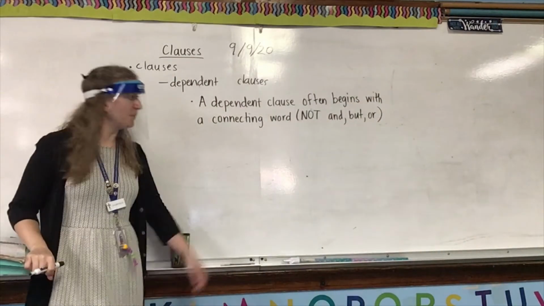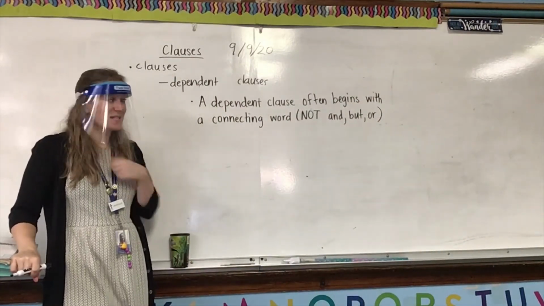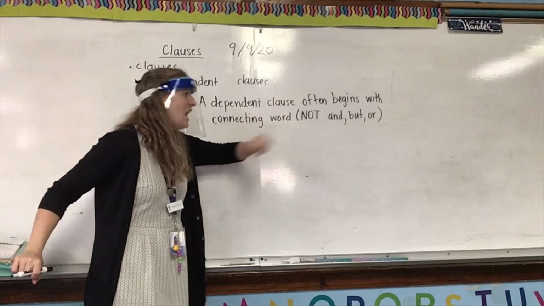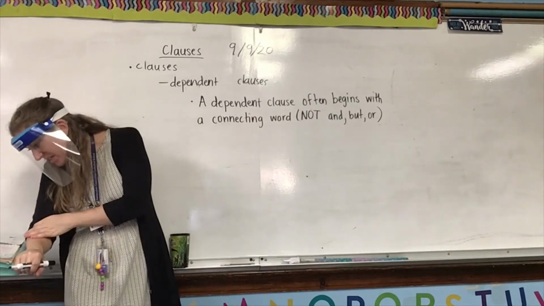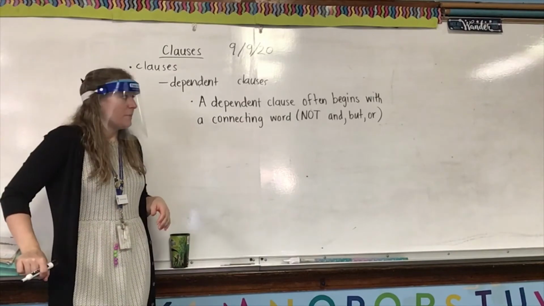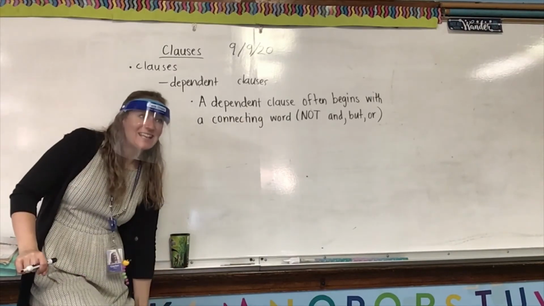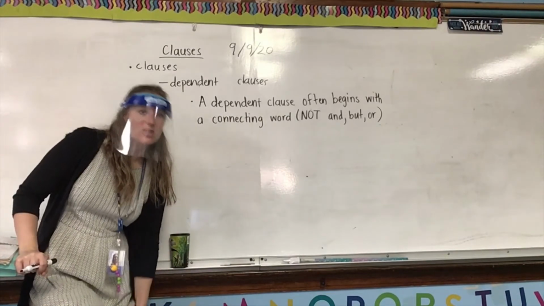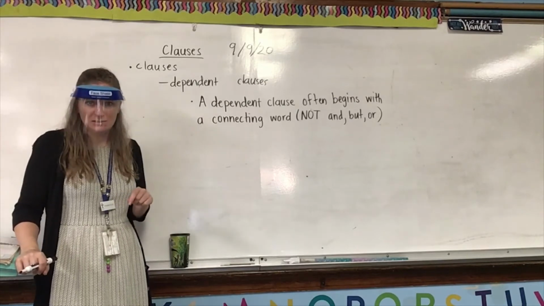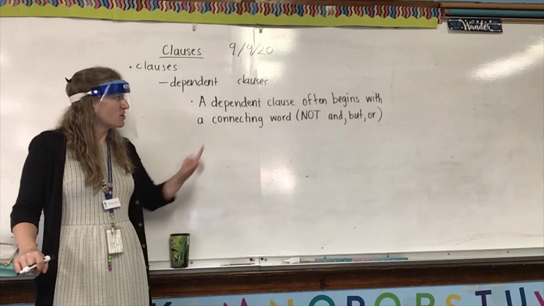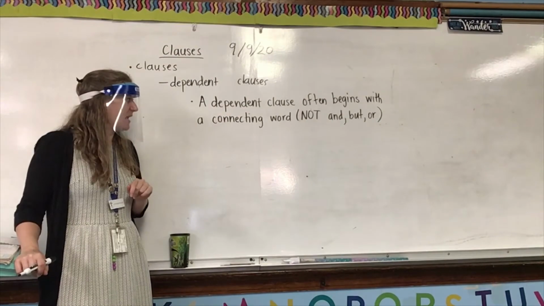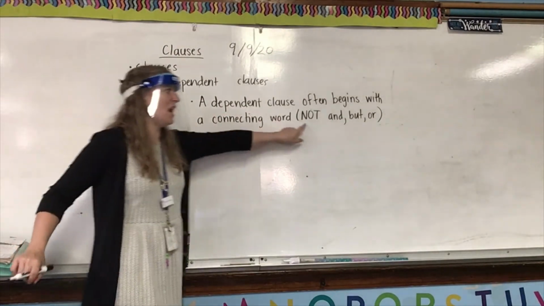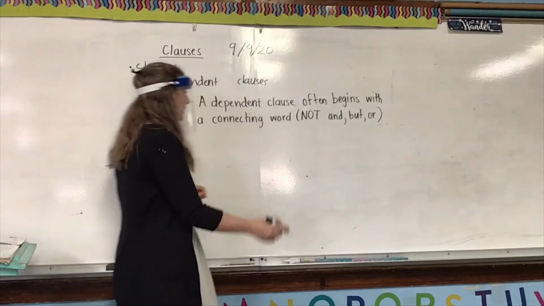I will give you examples of the connecting words that it does often start with, but it does not start with and, but, or, because that is what you use in compound sentences. And we are learning about something different. So a dependent clause often begins with a connecting word, but not and, but, or.